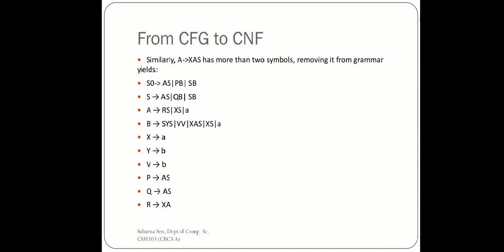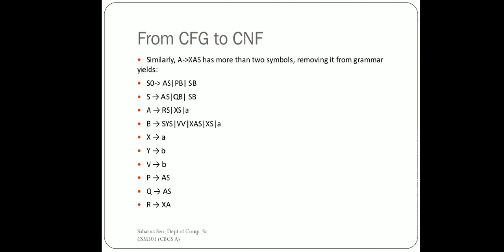Another one is there, A is deriving XAS, so we have to again bring a new one here. We have to write R in place of this XA. So capital A is deriving RS now. Again, if you want to do the change at the same time, in place of capital B deriving XAS, there also you can write R, or you may incorporate a new variable again.